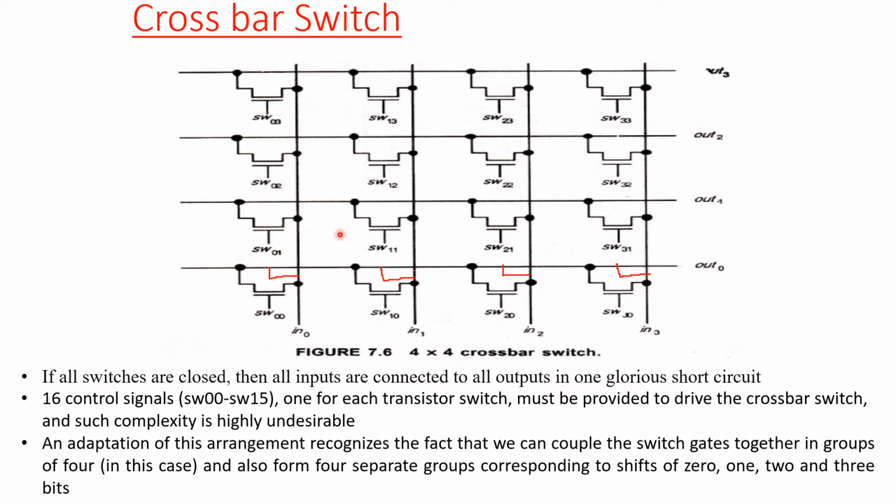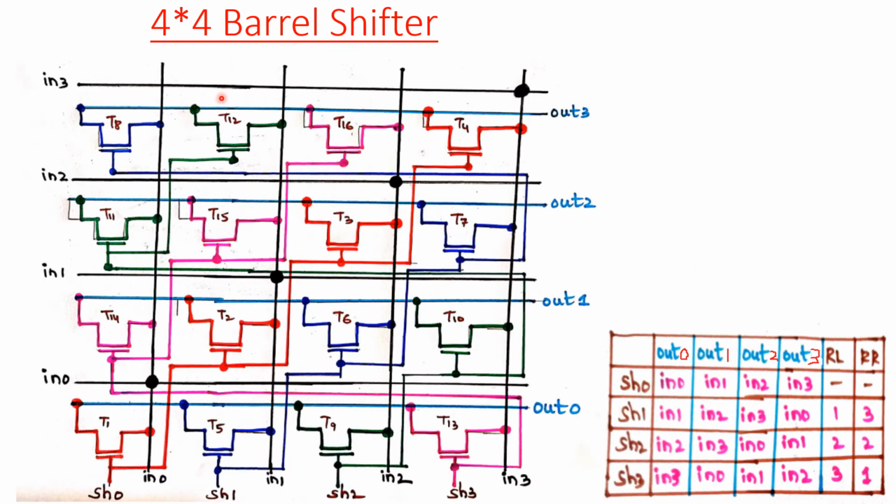So instead of using 16 control signals, we can couple the switch gates together in groups of 4, and we can form 4 separate groups corresponding to shifts of 0, 1, 2 and 3 bits. Such an arrangement can be seen in a 4x4 barrel shifter. Similar to the crossbar switch, we need 16 transistors here, 4x4, which results in 16 transistors.